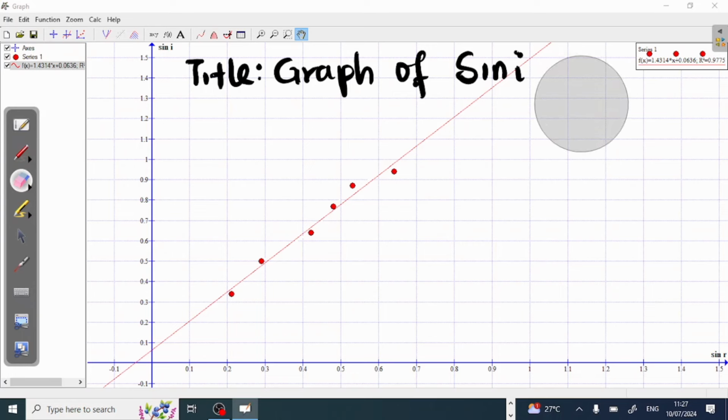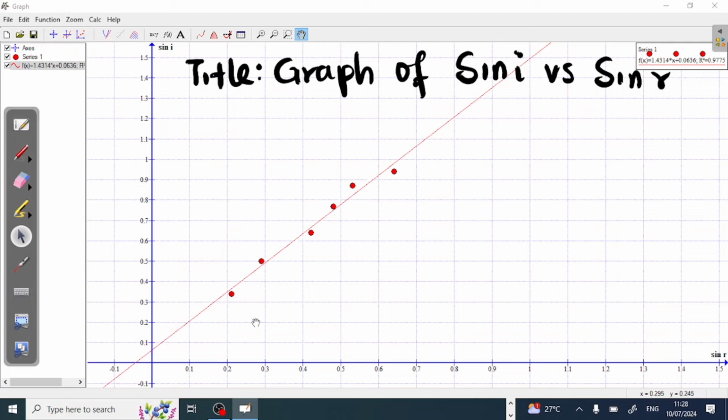Let me just use versus. So versus sine R. So I have this. All right. So this is the title of the graph. Don't forget sine I, we said, will be on the vertical axis, Y. Sine R will be on the horizontal axis.